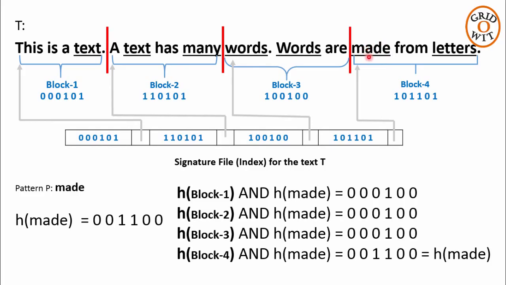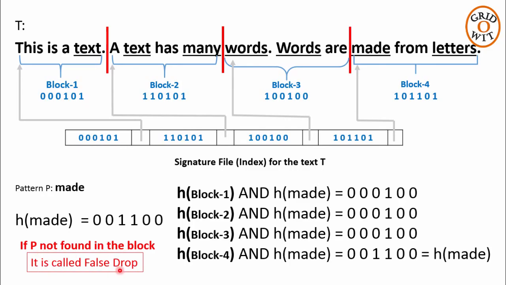But sometimes it happens that the pattern might not be available in the block. In that situation, we will say that it is a false drop. In this example, it was not a false drop, but if the pattern is not found in the block, then we will say that it is a false drop.